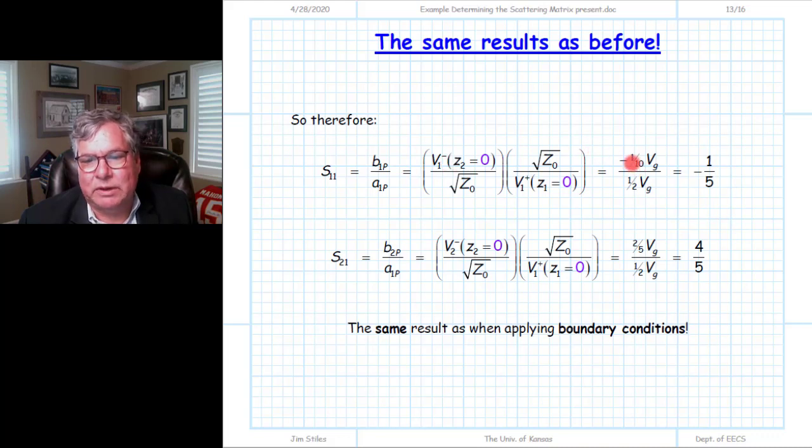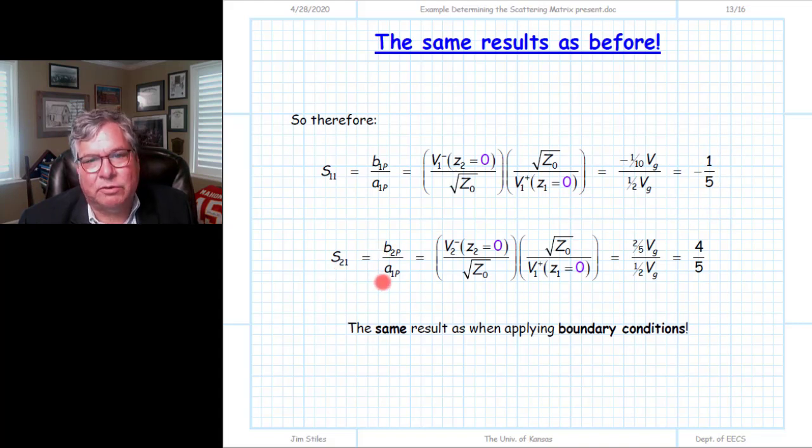It was this value, minus 1/10 Vg. We know what the incident plus wave at port 1 is. That's simply 1/2 Vg, and so the square roots of Z0 cancel out, since the characteristic impedances are the same and always cancel, and so we get minus 1/5 or minus 0.2.